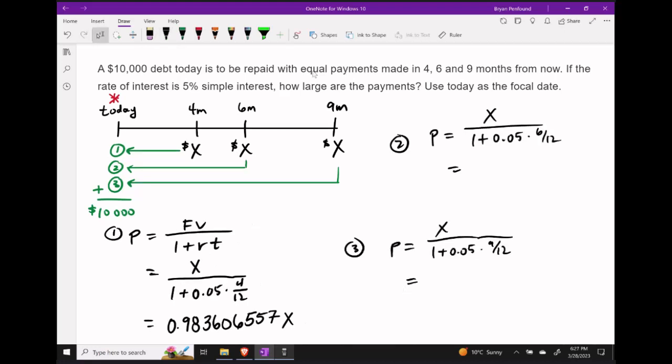So now that we've done this once and we understand the procedure, we just need to repeat this 2 more times. So with number 2, we're going to be looking at our payment happening at 6 months. That means we're going to update our T parameter to be 6 over 12.